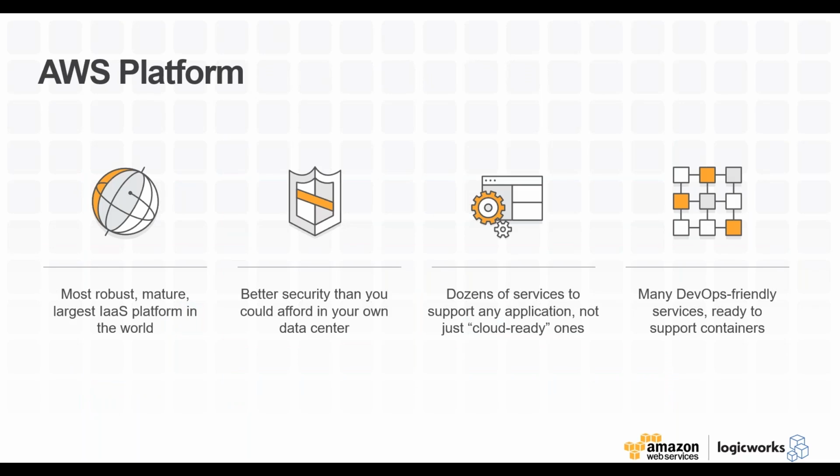So first, the AWS platform. As Ron talked about, AWS is quite simply the most robust, mature, and largest IaaS platform in the world. At Logicworks, we've been working with AWS since about 2012 and firmly believe that you can build an equally or even more secure solution on AWS than we could in private data centers. It has dozens of services and also puts a strong emphasis on developing DevOps-friendly services.